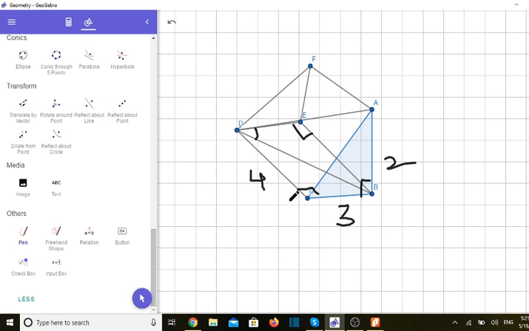So you can use these two to find the length of this side, and then you can use the length of this side and this side to find this angle. So you can easily solve it. I hope you have got this point.